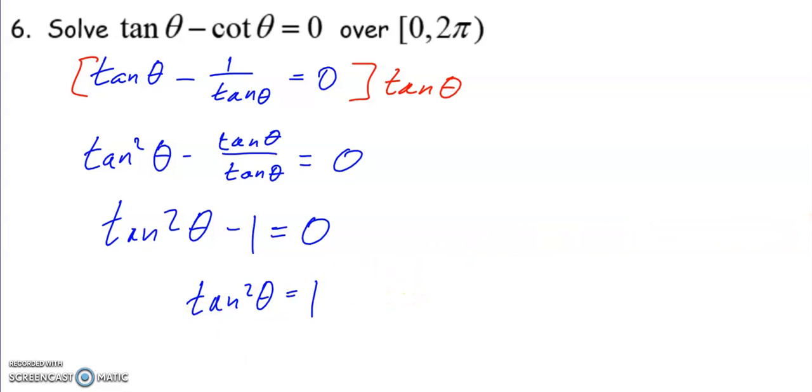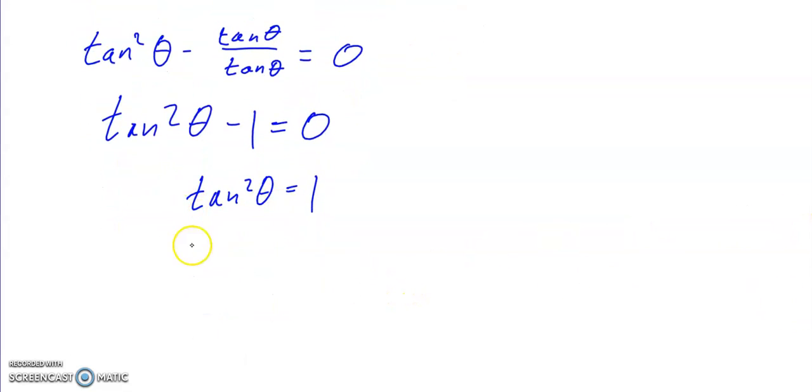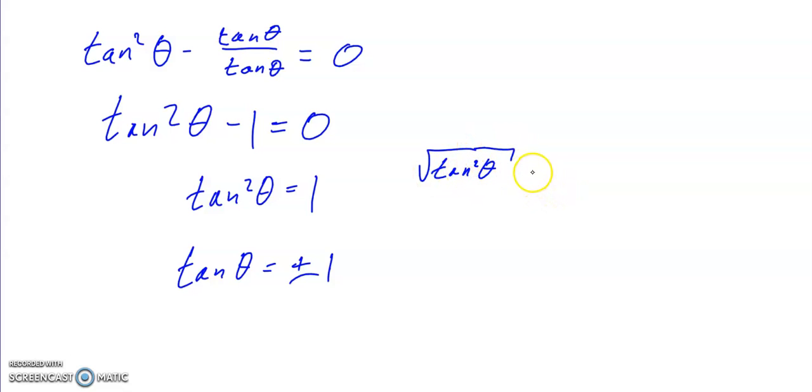Square root both sides so I can get tangent theta by itself. And when I square root both sides, remember I got to do the plus or minus. If I'm taking the square root of tangent squared theta, and then the square root of 1, we always put that plus or minus in front of it, because -1 times -1 is also 1.